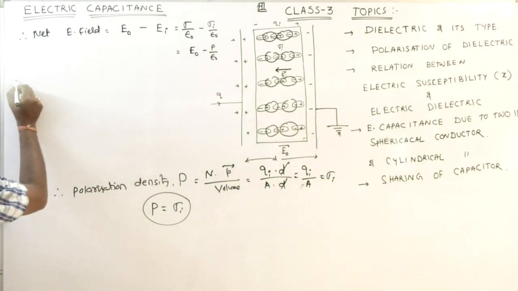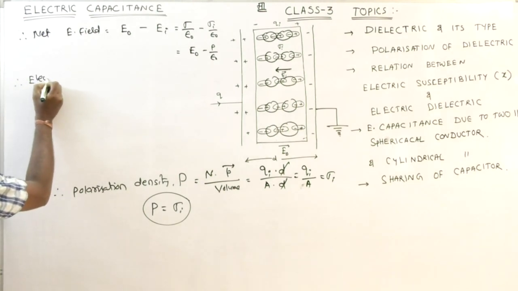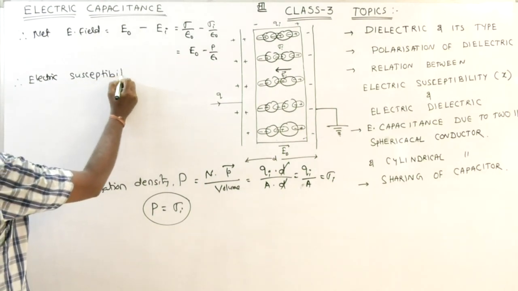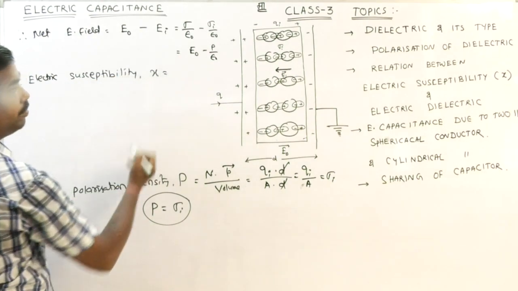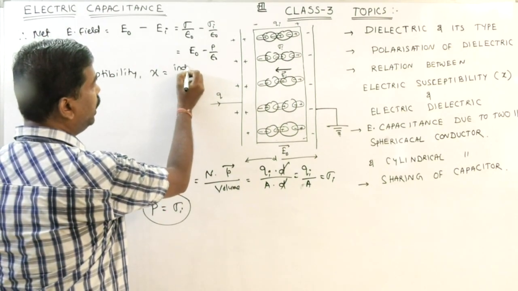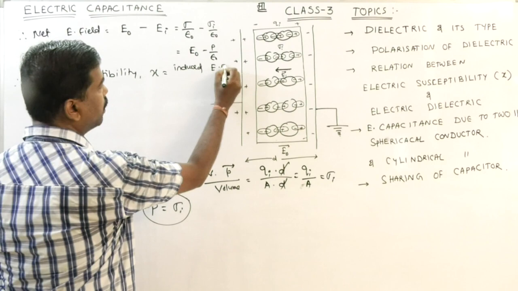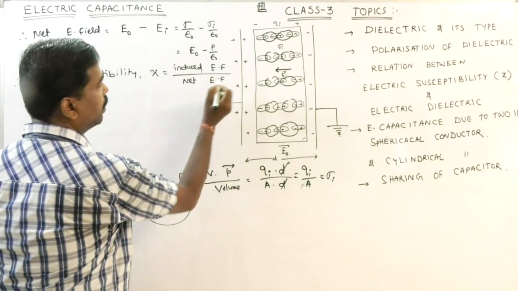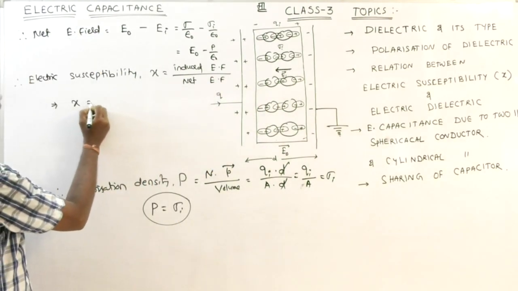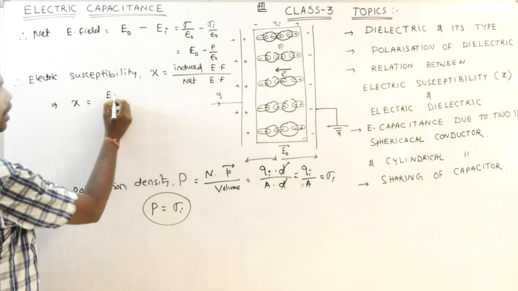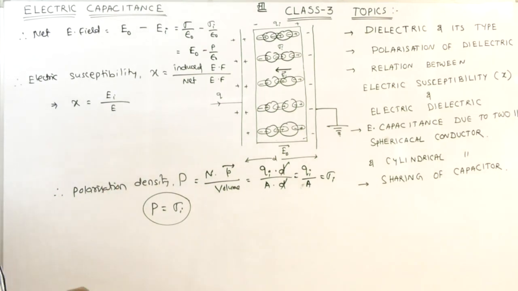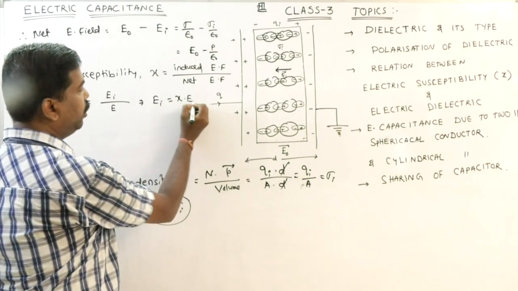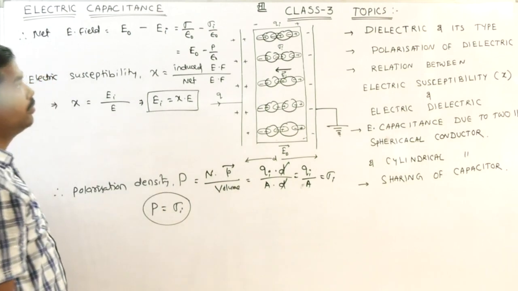Clear? Therefore, electric susceptibility chi is equal to induced electric field by net electric field. Therefore, chi is equal to induced electric field E_I by net electric field E. So I can write E_I is equal to susceptibility into E. Okay.